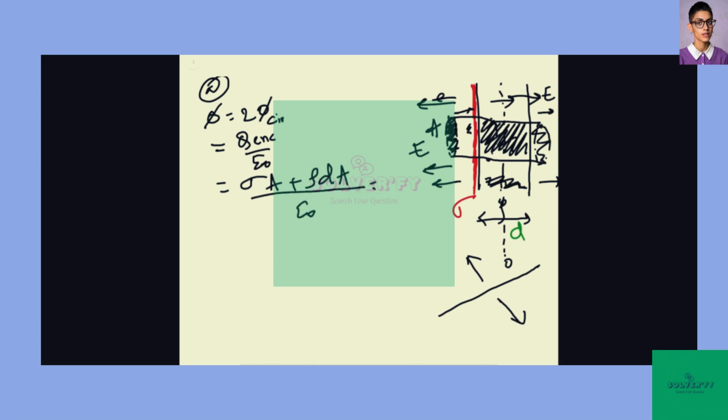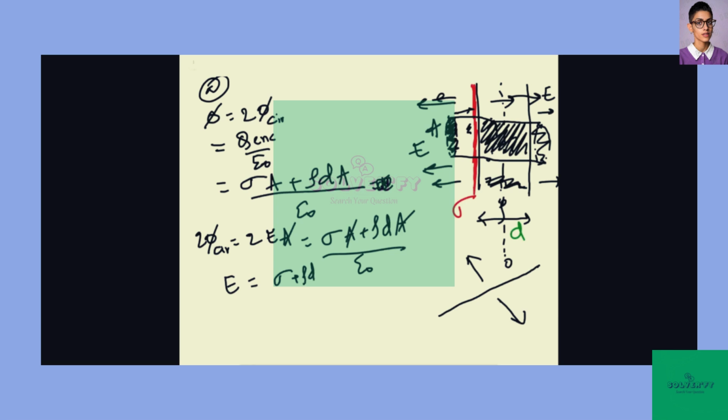Now this is equal to the flux, which is 2 times the flux through one circular surface, and the flux through a circular surface is simply E times the area. So 2EA is equal to sigma A plus rho dA by epsilon naught, which means E will be equal to sigma plus rho d by 2 epsilon naught.